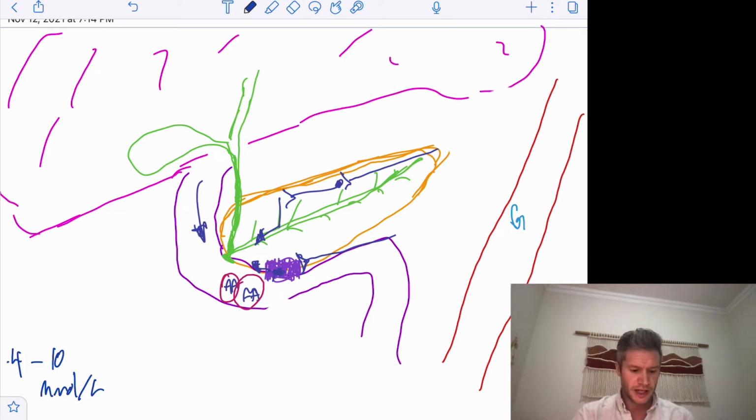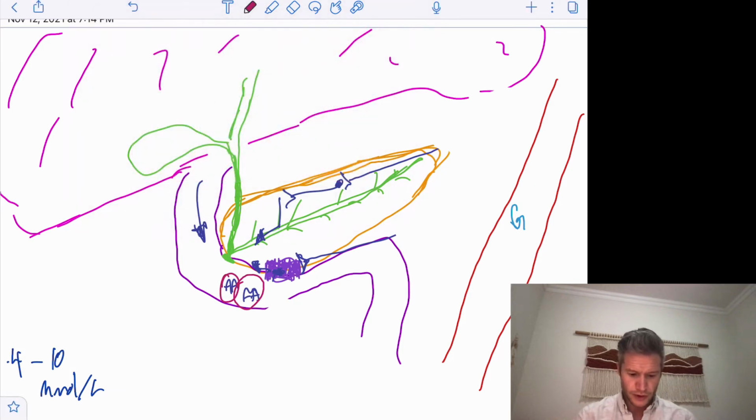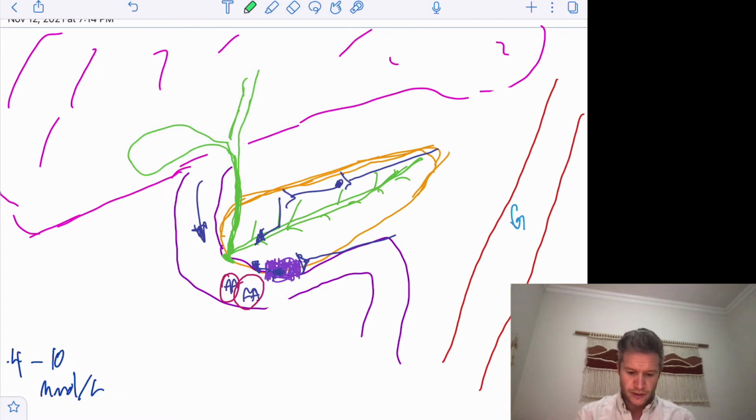Well, there are cells in our pancreas that respond when our blood glucose gets too high. So when blood glucose gets close to 10 or above, we have these beta cells in our pancreas.